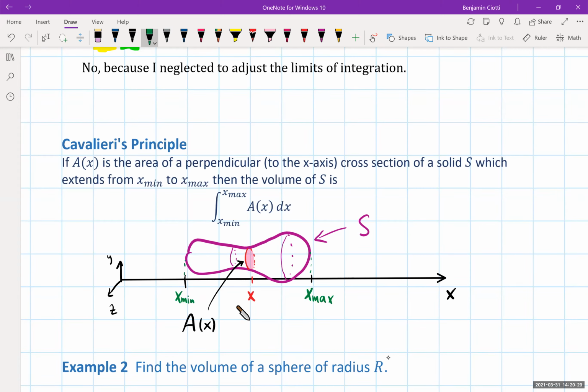Okay, so that's Cavalieri's principle. Like I said, it's pretty general. There are going to be a number of problems in later sections where you could alternately solve them using Cavalieri's principle instead of whatever formula we're giving you at the time.